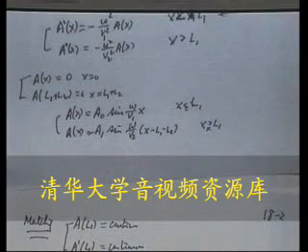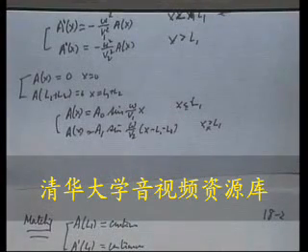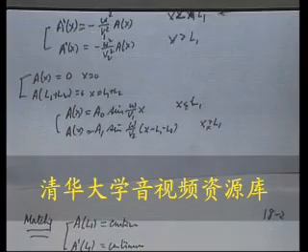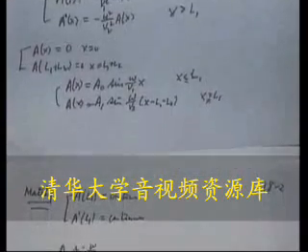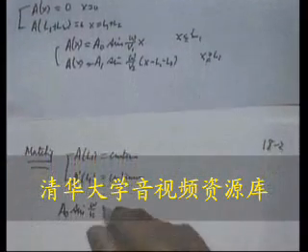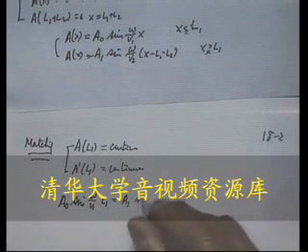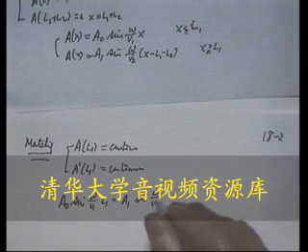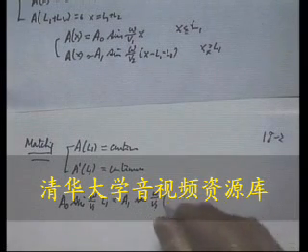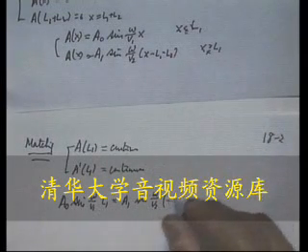So we get A0 sine of omega over V1 times L1 is equal to A1 sine of omega over V2 times minus L2.